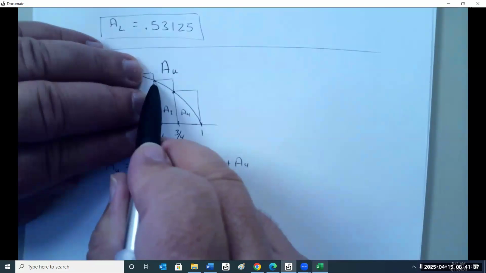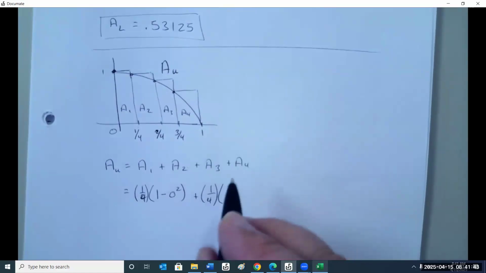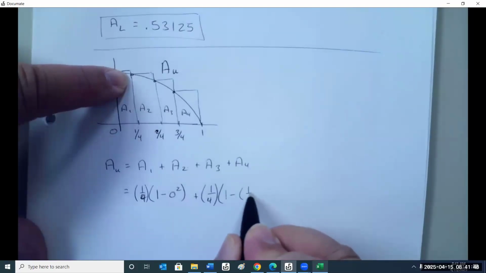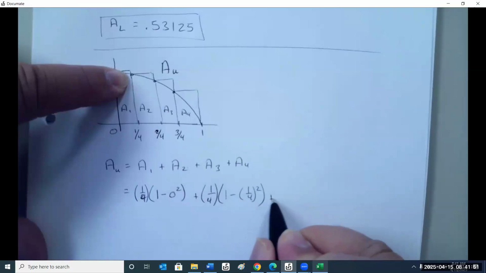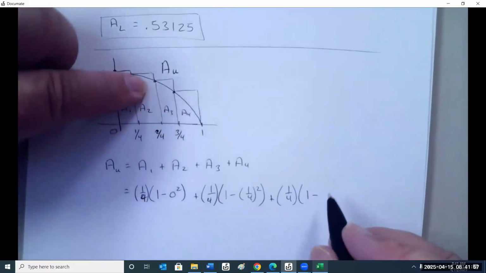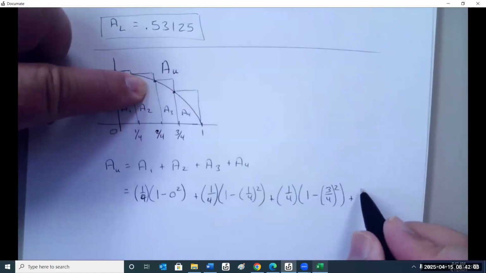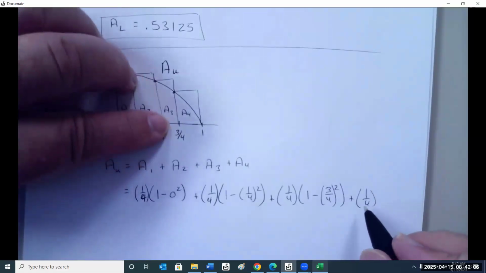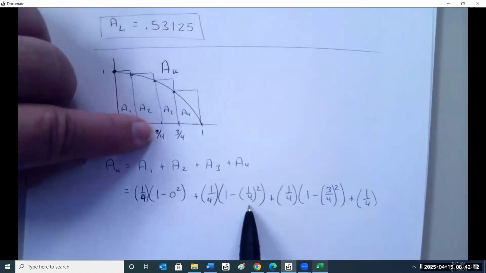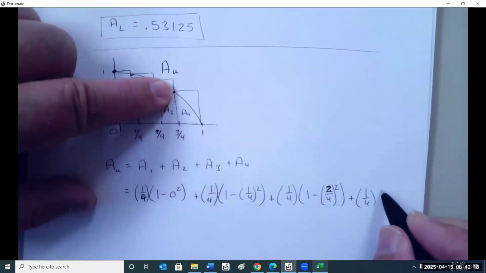Then for this one, to make this rectangle, we use the 2/4. The next one we have 1 minus 1/4 squared. Then the third one, we have 1 minus 3/4 squared. We have 1/4. Nope, that's 2/4. I'm sorry, it's 2/4. Then we have 3/4.